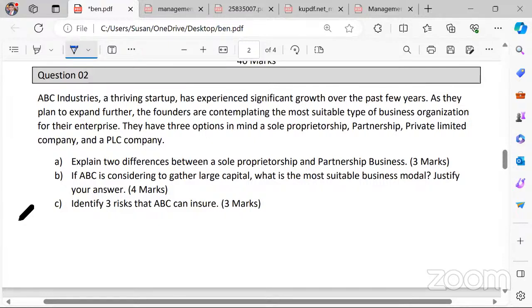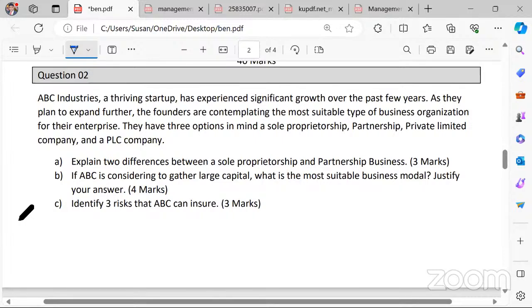Liability goes to the owner in sole proprietor. Liability goes to all partners in partnership business. Management: only the owner in sole proprietor business, and all partners take over the management in partnership business.